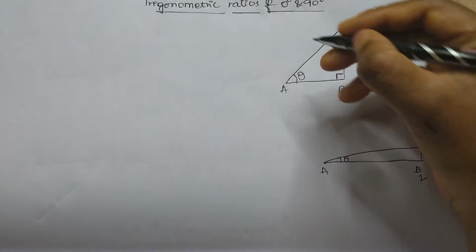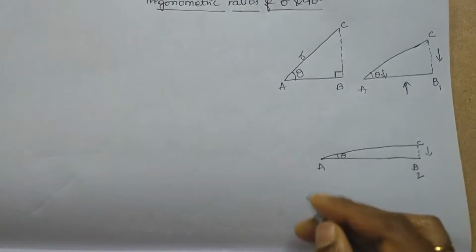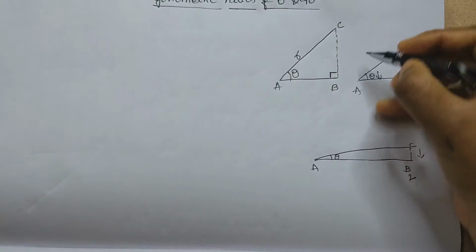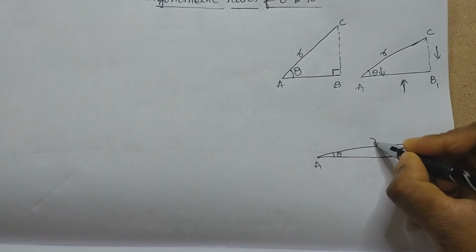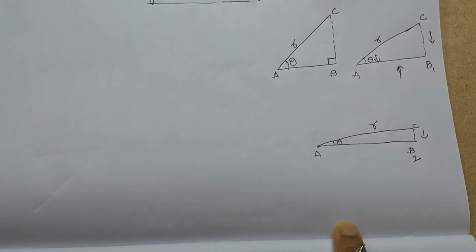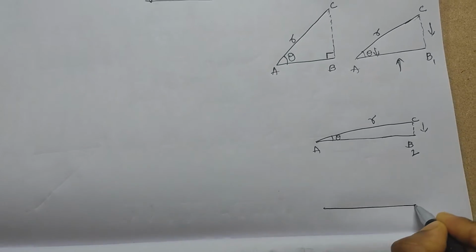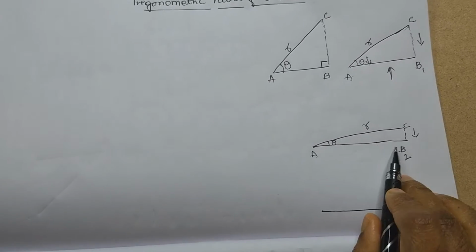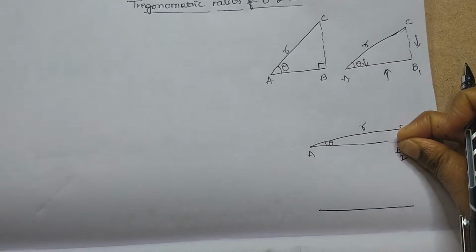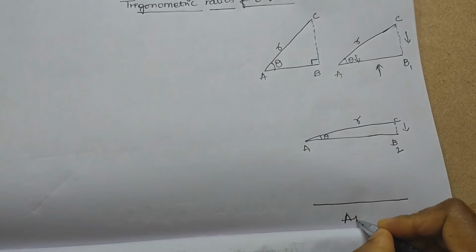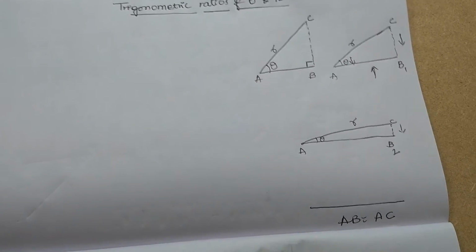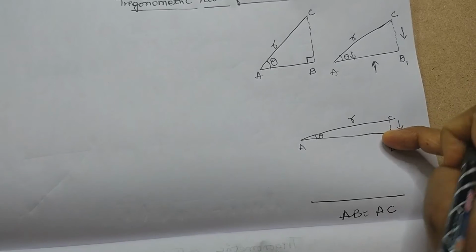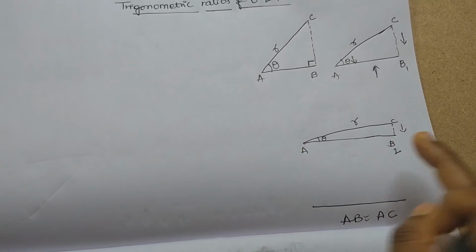This is the concept. So consider the length of the ladder as R. Here AC remains the same R. In the next step, when theta becomes 0, it means the base length and the ladder length will coincide such that AB equals AC. If theta is 0, then it moves further to the base level and AC will be equal to AB.